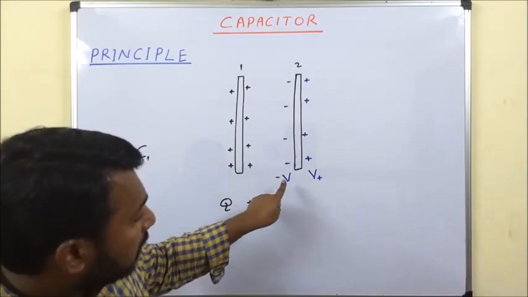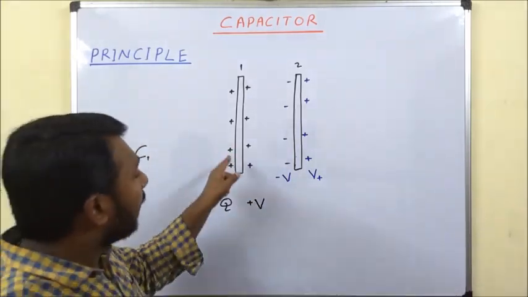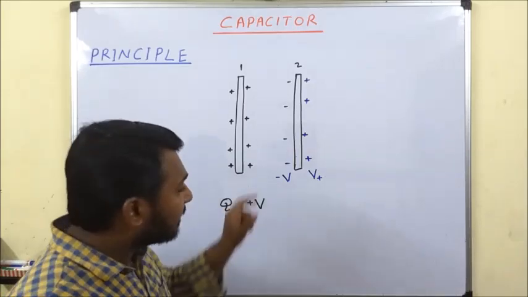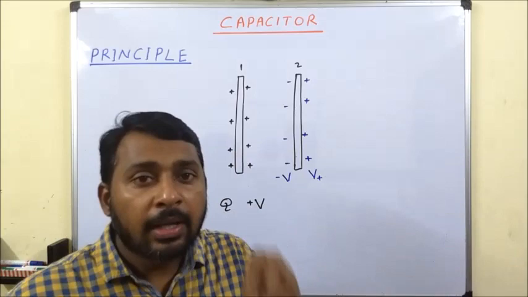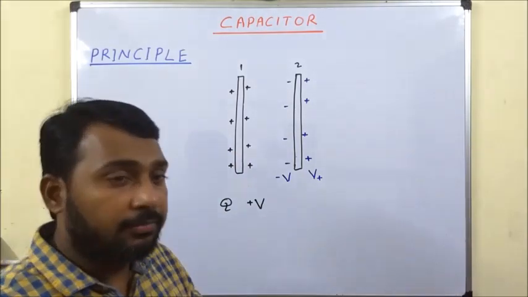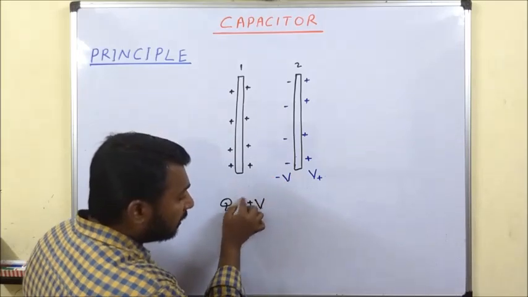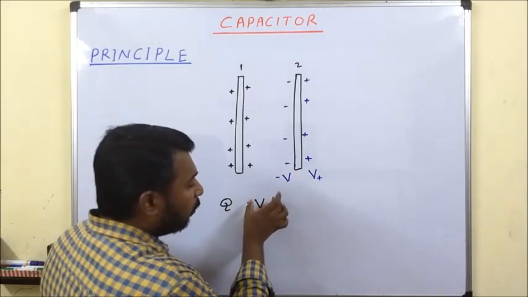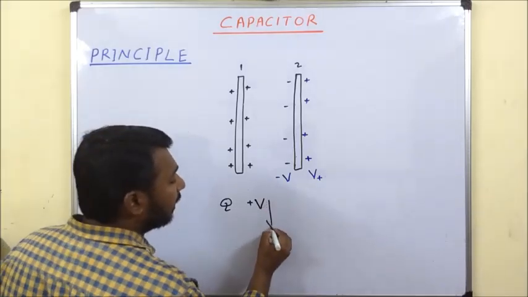But do you know which side, the negative or the positive, is closer to plate number 1? Yes, it's the negative. So the effect of the negative potential will be more effective. So this potential will be slightly decreased.